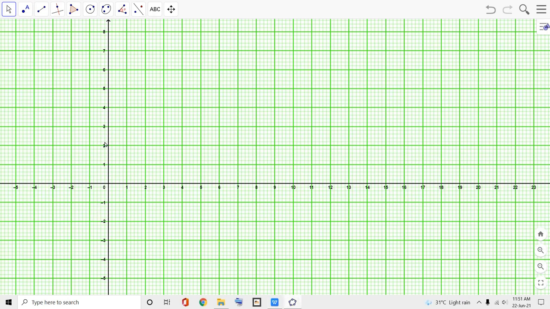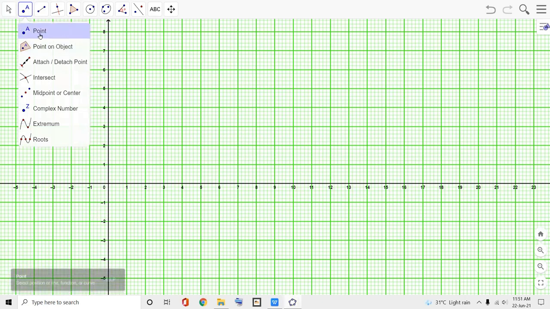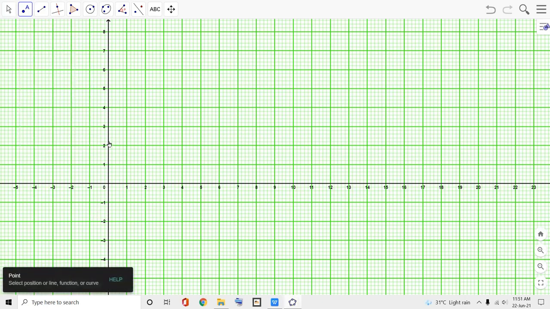So we will check 2.2, 2.4, 2.6. It means that our 2.5 lies between 2.4 and 2.6. So our 2.5 lies over here, between 2.4 and 2.6. So this is our 0 comma 2.5.